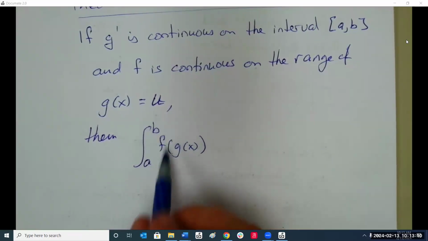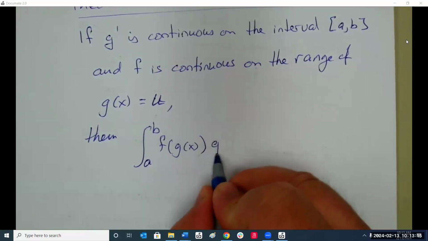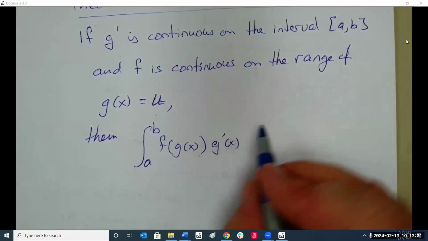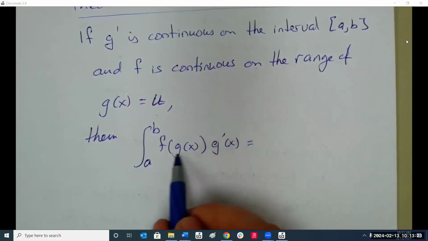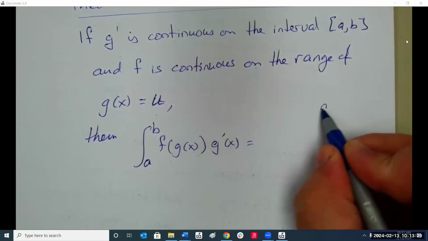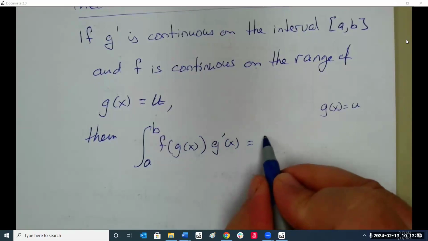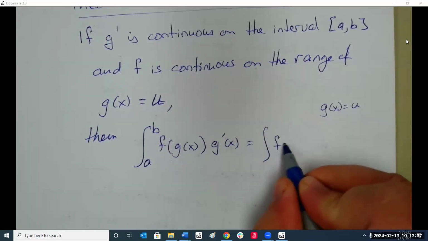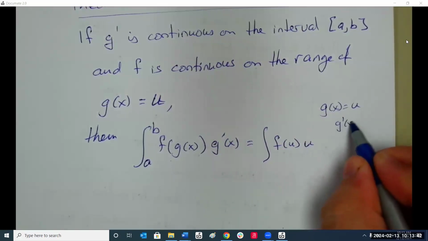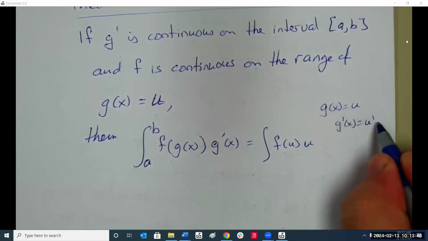The integral from a to b of a composite function, f of g of x times g prime of x dx, equals the integral of f of u du. We can now convert this to the integral of f of u du by defining g of x as u. So we have f of u, and g prime of x dx is du.